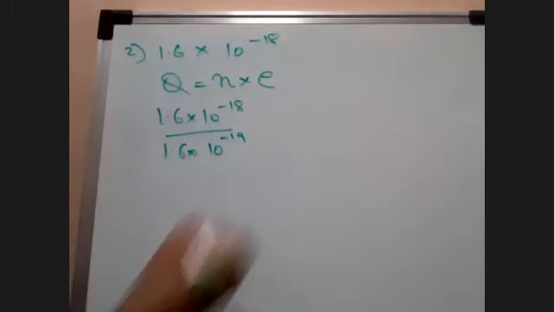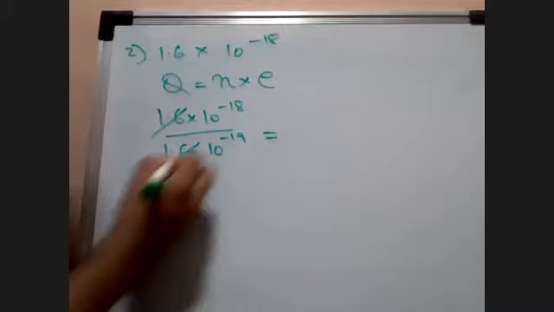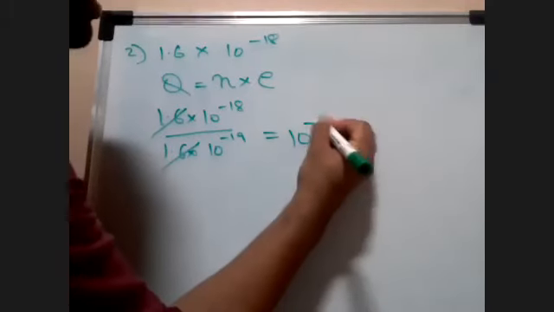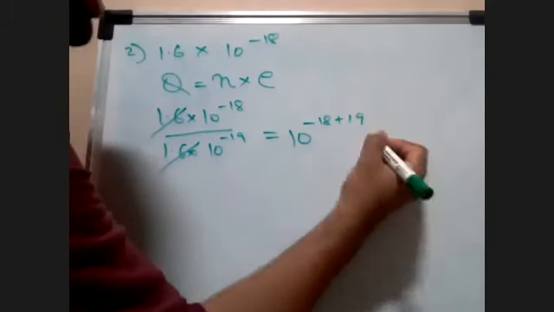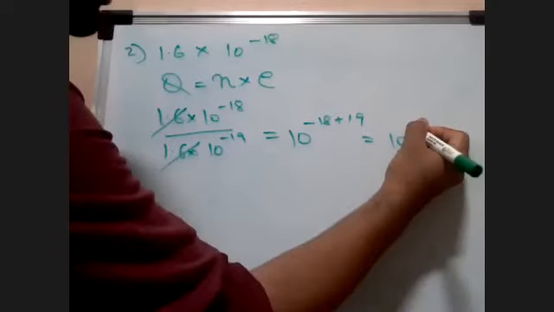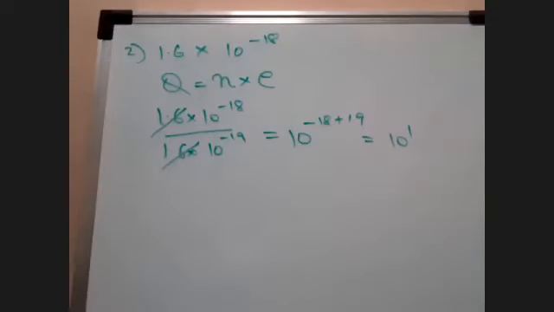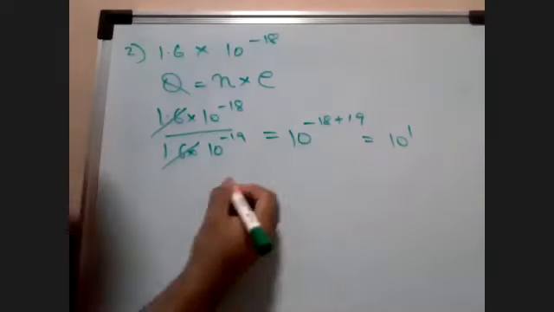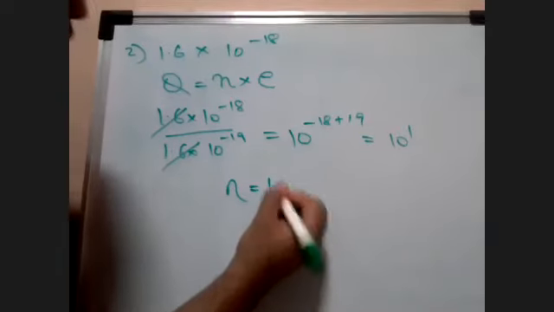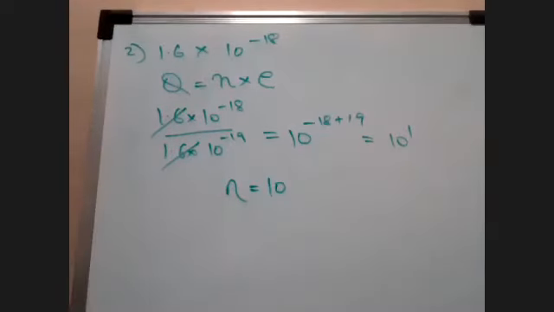This gives 10 raised to minus 18 plus 19, which is 10 raised to 1. So N is equal to 10. Is this an integer? It is an integer. So is it possible for a charge to have this? Yes, it is possible. So the second option is correct.